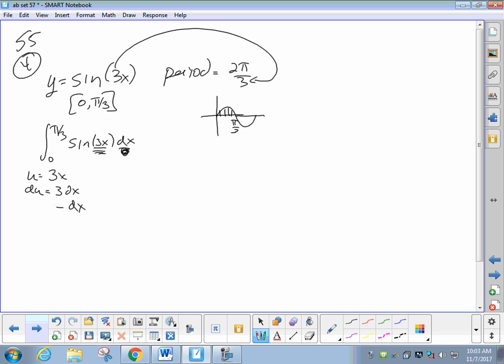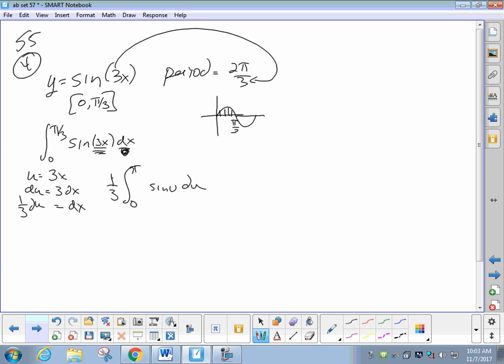Our dx is just normal, so dx would actually be 1/3 du. So with substitution so far, I'm at 1/3 pulled out front, sine of u du. Now change the limits of integration. If x is 0, then u would be 0. If x is pi over 3, then u is 3 pi over 3, or pi.